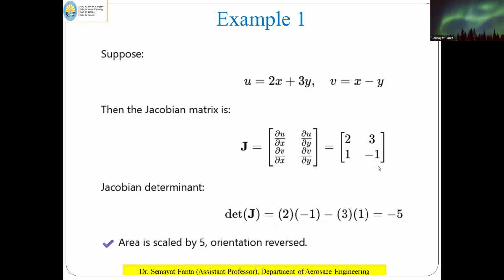So 2, 3, 1, minus 1 is the Jacobian matrix, and we can find the determinant. The determinant of the Jacobian matrix is 2 times minus 1 minus 3 times 1, which gives us minus 5. So the area is scaled by 5 and the orientation is reversed.